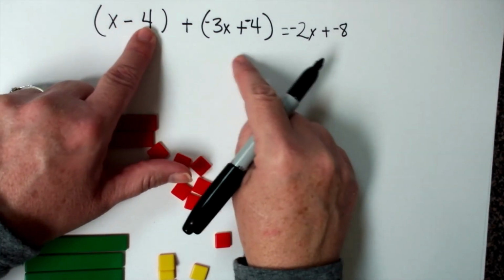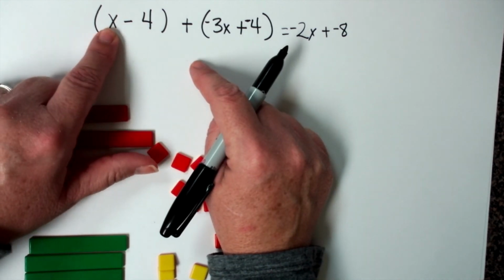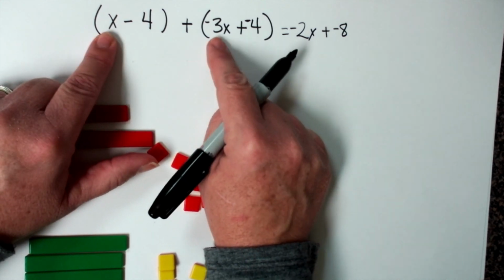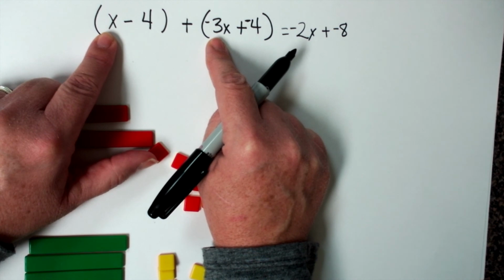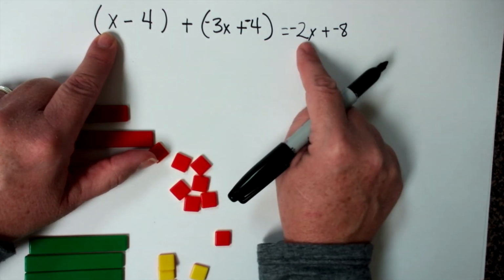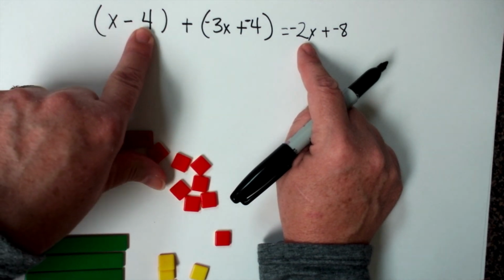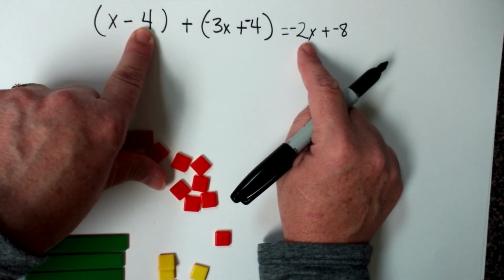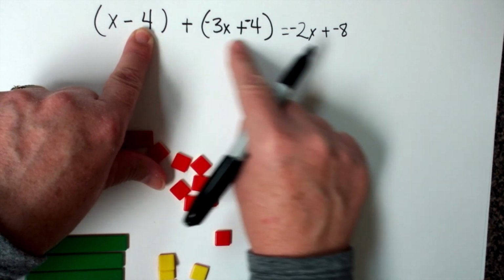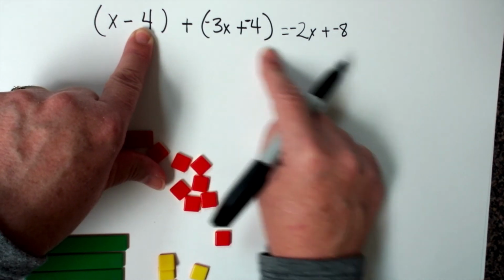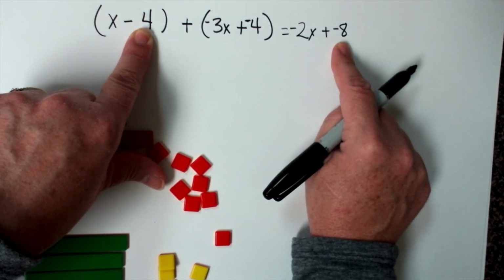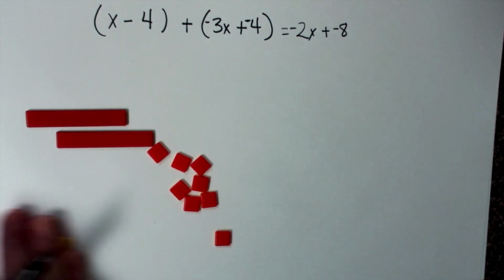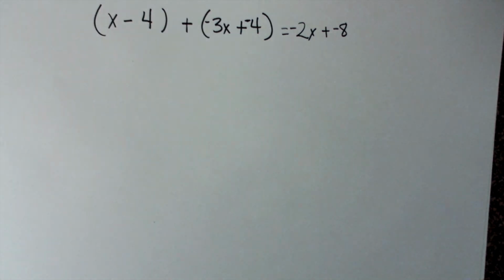Now I'm adding x plus negative 3x, which actually we know 0 pairs out to a negative 2x, and I've got a negative 4 because that's technically what that is. Negative 4 take away plus another negative 4, which gives me a negative 8. Okay, and that's how we can do subtraction.